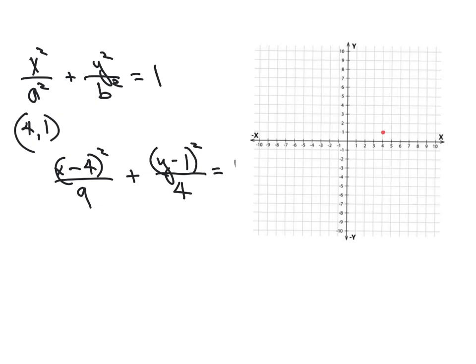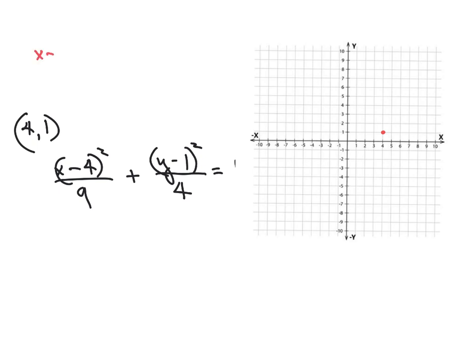In fact, let me do the equation in red here. Let's erase this, and let me give you the equation for the ellipse when the center is somewhere else.